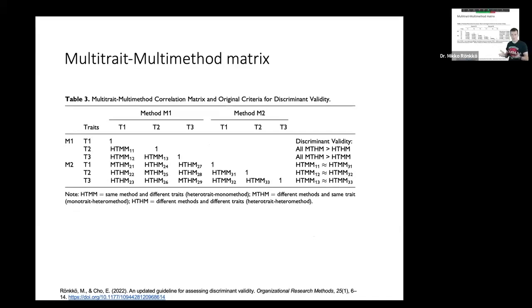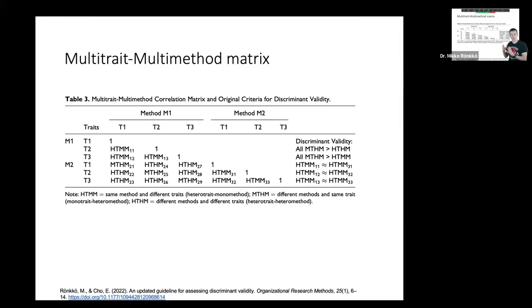Typically in empirical research, we want to say that X causes Y. So we measure X and we measure Y. But typically, we have just one way of measuring X, for example, a survey, and one way of measuring Y, for example, firm profitability from some kind of database. This causes a bit of a complication for assessing discriminant and convergent validity, because they were originally presented in this context that most of us don't now have.